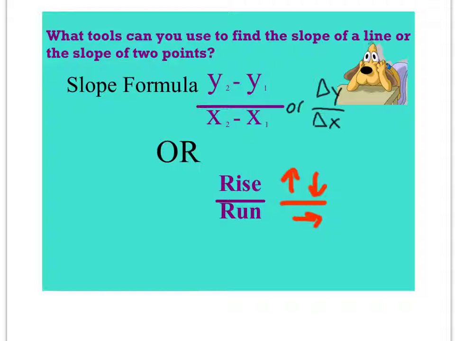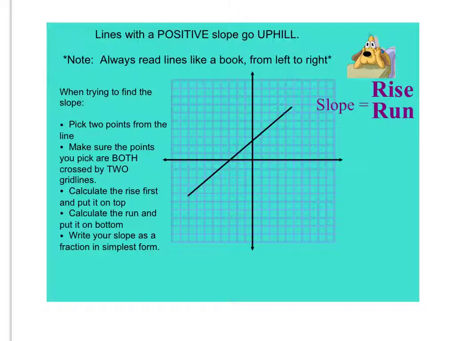So let's go ahead and look at when we're going to use these. A lot of stuff going on this slide here, so let's talk through this. Let's start with the steps over here. When you're trying to find a slope, the first thing you should do is pick 2 points from the line. Make sure the points you pick are crossed by 2 grid lines.